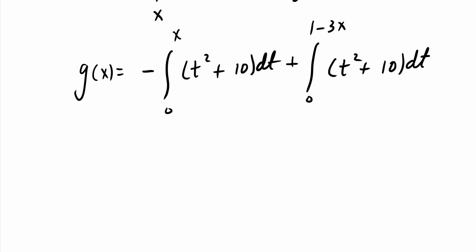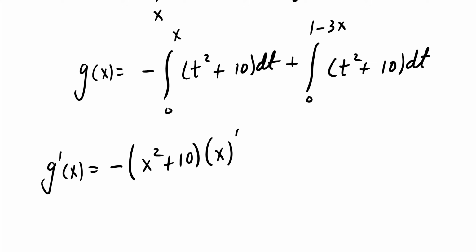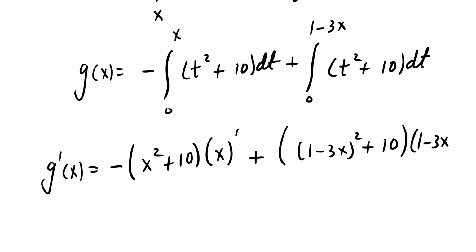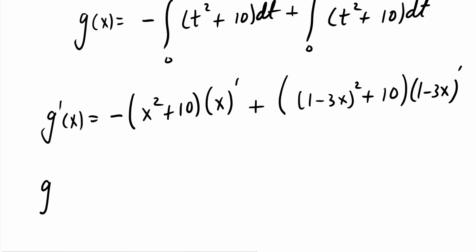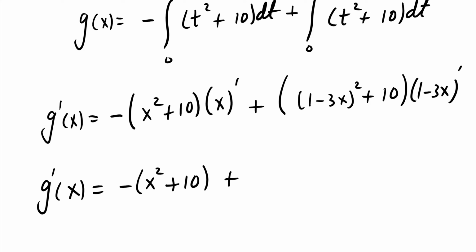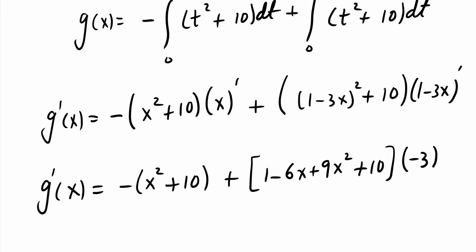So then it's ready for the first fundamental theorem of calculus. We keep the negative out, replace the t with x, so it's x squared plus 10 times the derivative of x, plus replace t with 1 minus 3x times the derivative of 1 minus 3x. G prime of x equals negative x squared plus 10 times 1, plus this one here, you can expand it: 1 minus 6x plus 9x squared plus 10, multiplied by negative 3, the derivative.